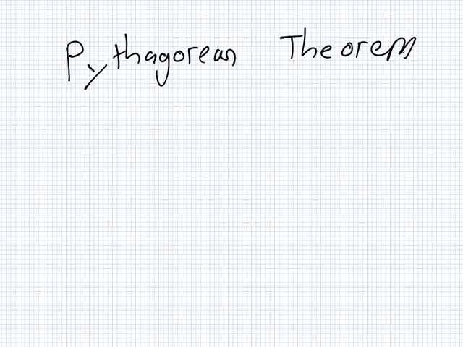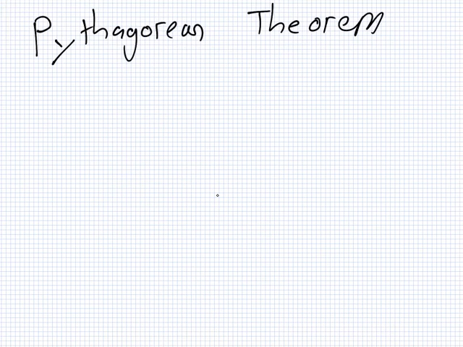The Pythagorean theorem, or Pythagoras' theorem. Everybody knows this, just maybe you don't know the name. So this works when we have a triangle here. Do we know the name of this type of triangle? Right angle, yeah.